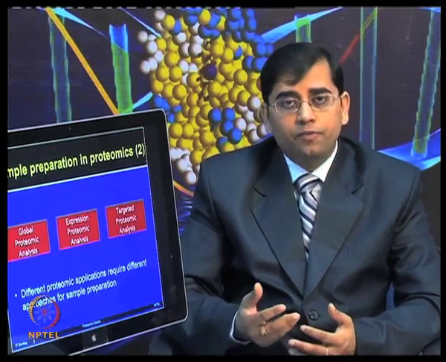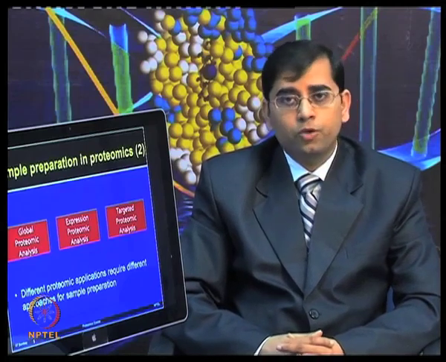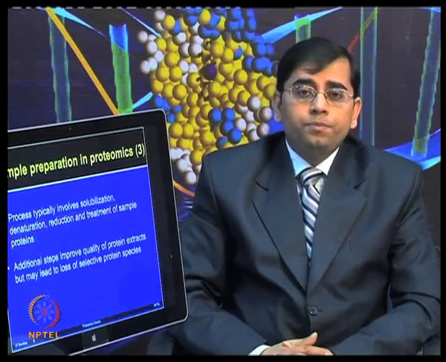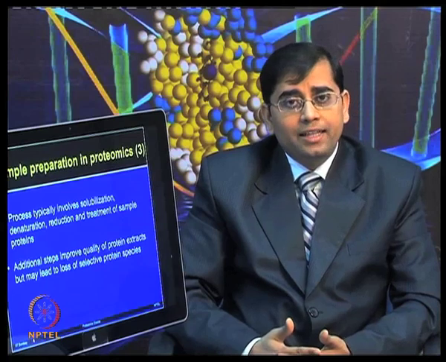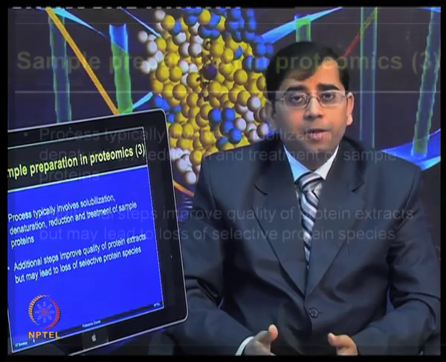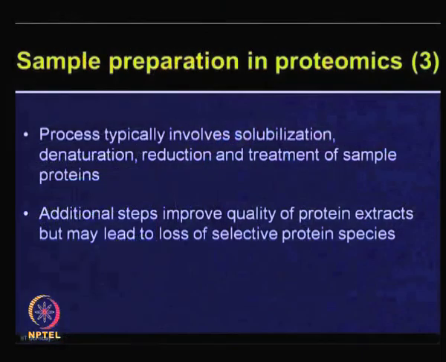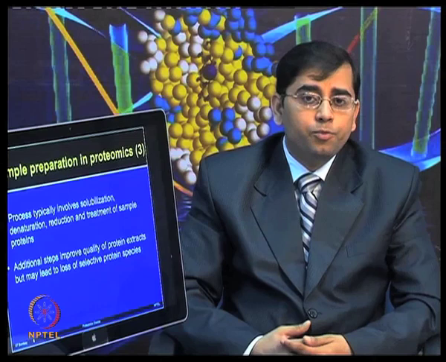So, different types of strategies need to be used to perform these types of proteomic analysis. Now, all of this sample processing involves solubilization, denaturation, reduction and treatment of sample proteins, but you need to involve additional steps depending upon the type of samples and your objective, so that the protein quality, the protein extract, can be improved.